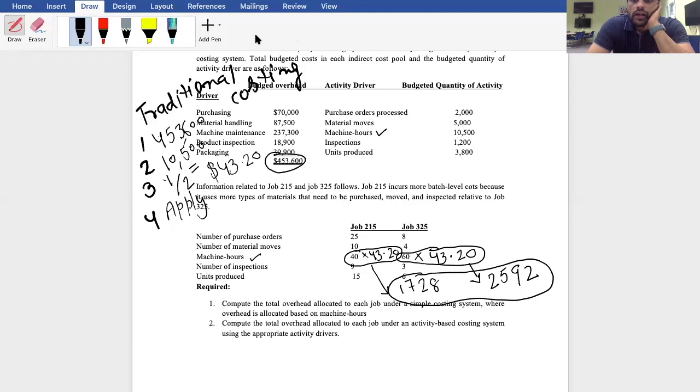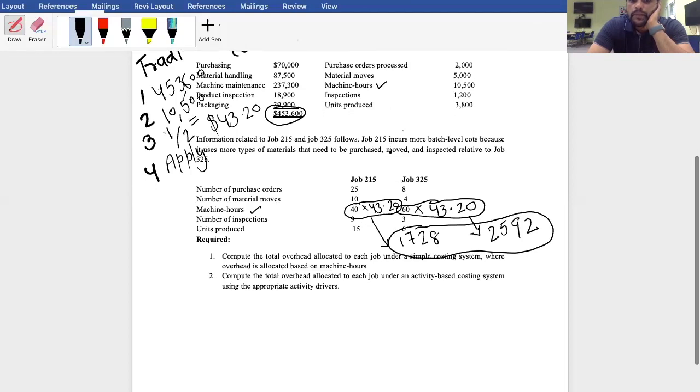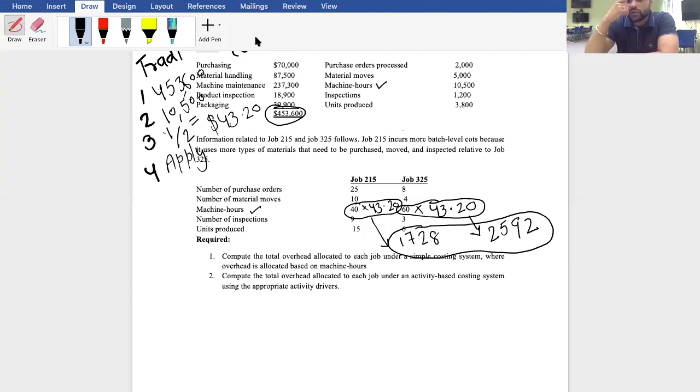So now we move on to the next method, which is ABC. Before we move on, do you have any question regarding traditional? Anybody has any question? No questions. Okay, so we move on to now activity based costing.